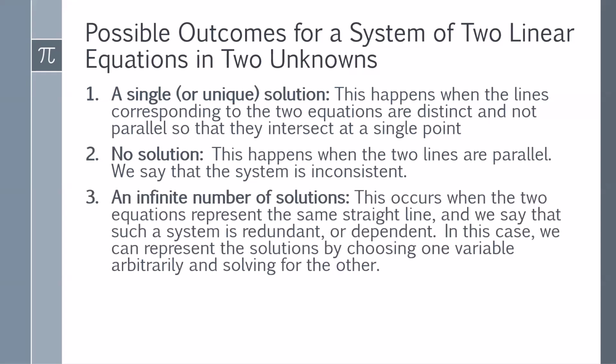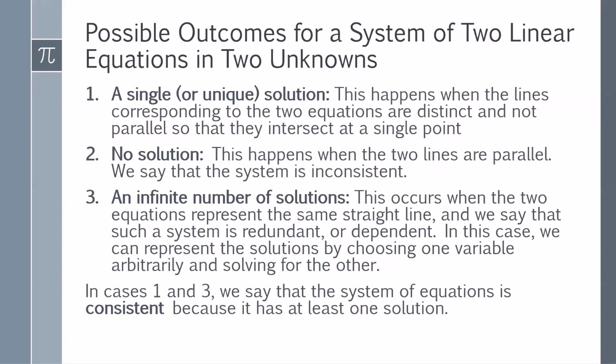We could have infinitely many solutions. This happens when the two equations represent the same straight line. We say that such a system is redundant or dependent. In this case, we can represent the solution by choosing one variable arbitrarily and solving for the other. In cases 1 and 3, we say the system of equations is consistent because it has at least one solution.